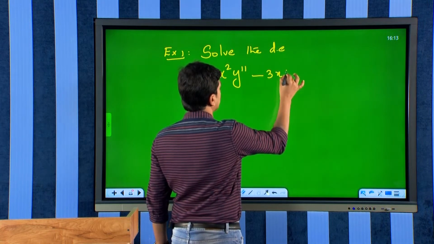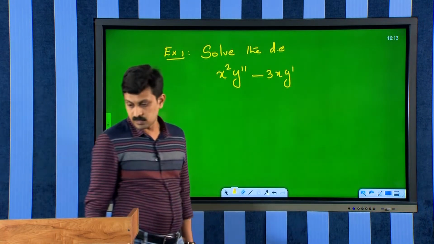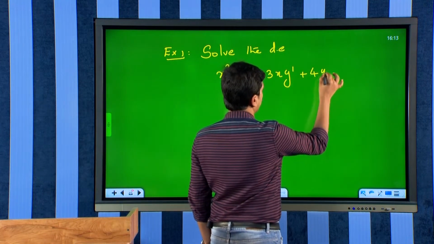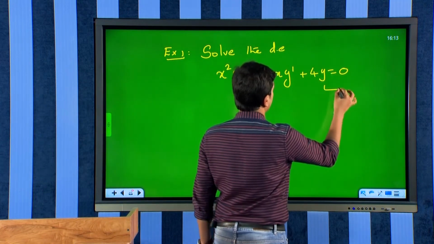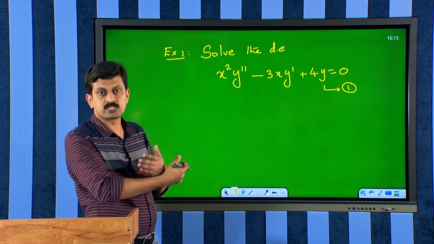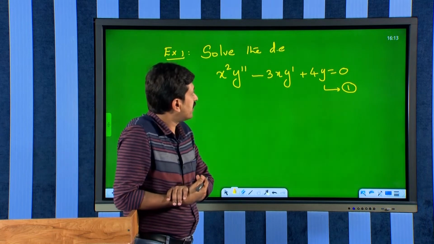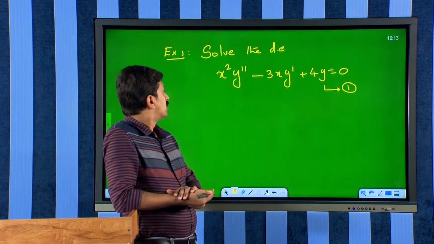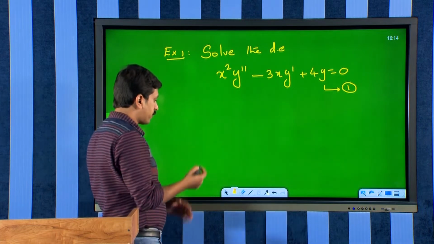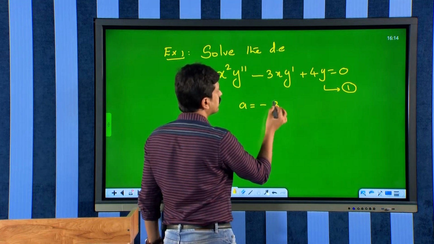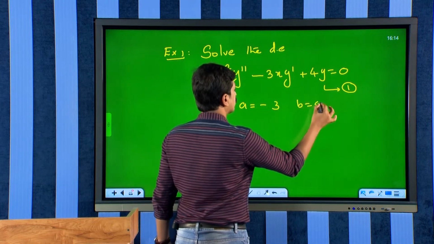Let us put this as equation number 1. Seeing this equation itself, we understand that it is an Euler-Cauchy homogeneous differential equation. Here we have a is equal to minus 3 and b is equal to 4.